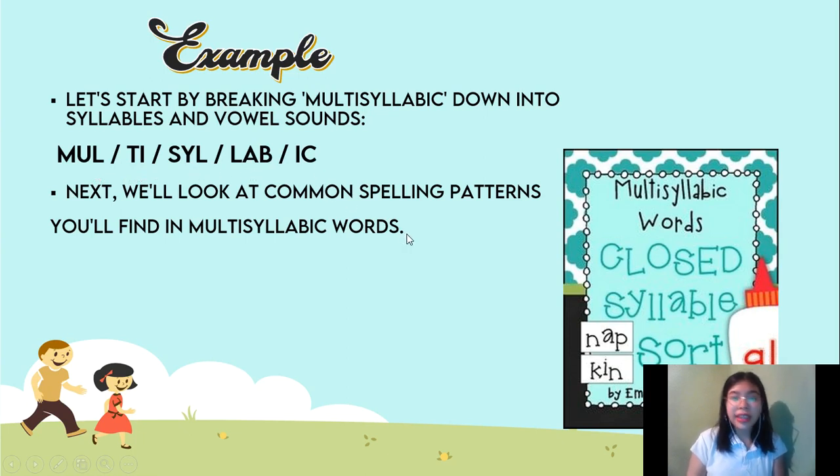As we learned in the first grade of elementary school, we know for sure from those vowel sounds that we have 5 syllables, and this is how they are organized. Next, we'll look at common spelling patterns that you find in multisyllabic words. Here we have some examples that we're going to check in the next slide.